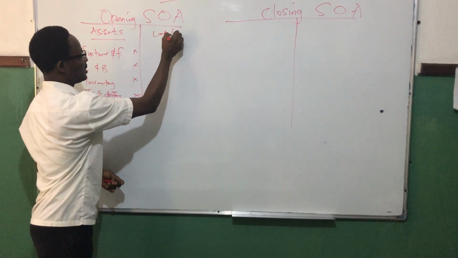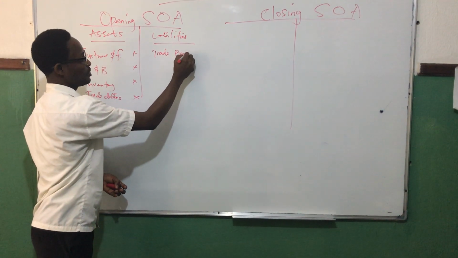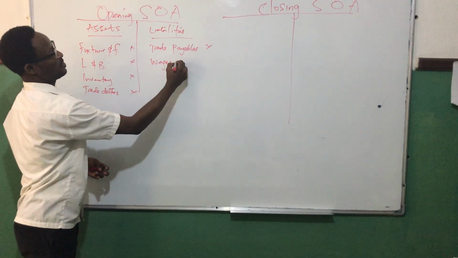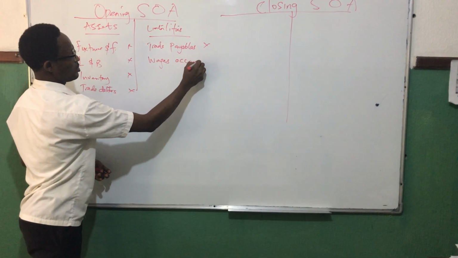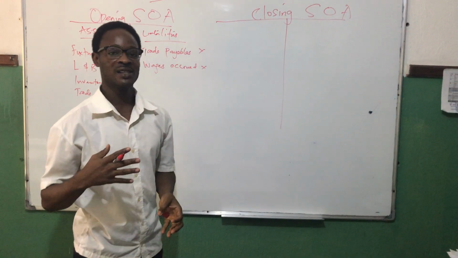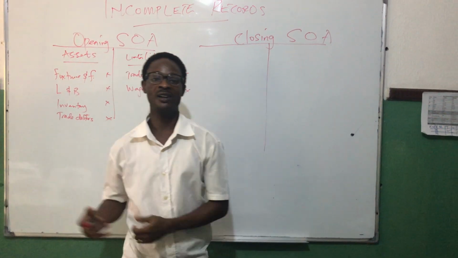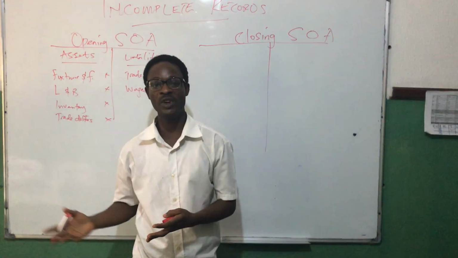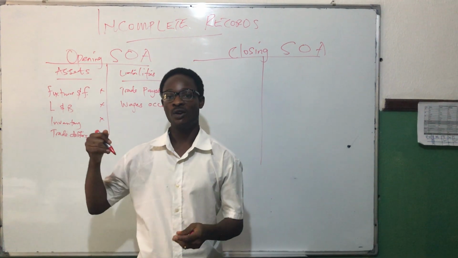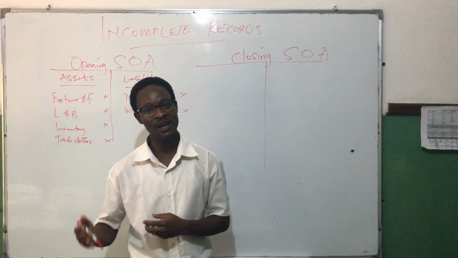Then our liabilities may include trade payables, then maybe wages accrued. Now, this is liabilities, and as was said in the double entry system video earlier put on this channel, you may make reference to it to brush up your knowledge. The accounting equation is assets equals capital plus liabilities.